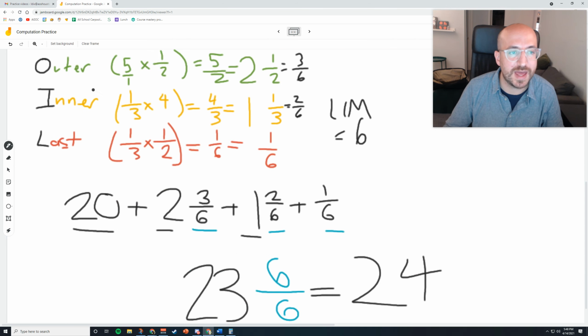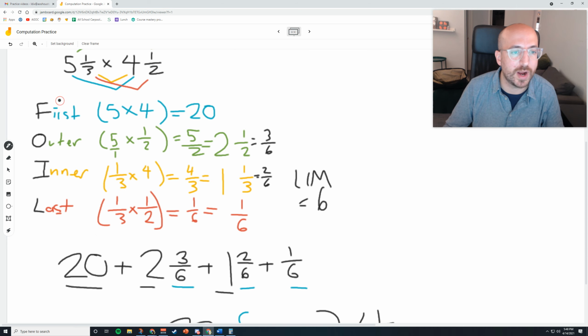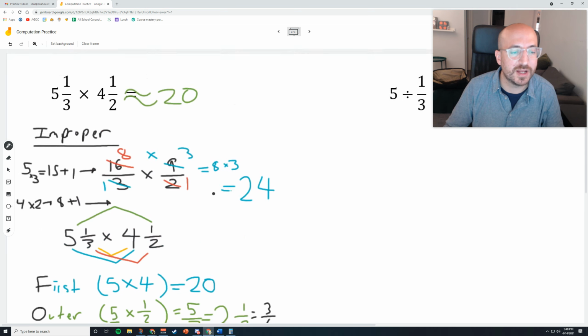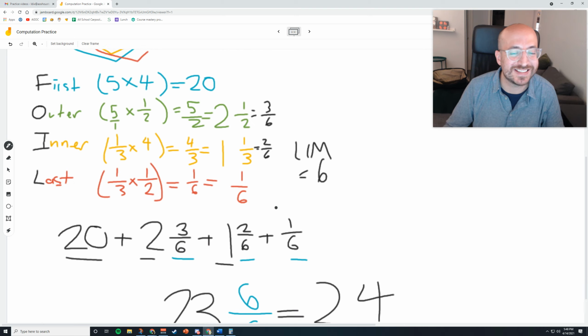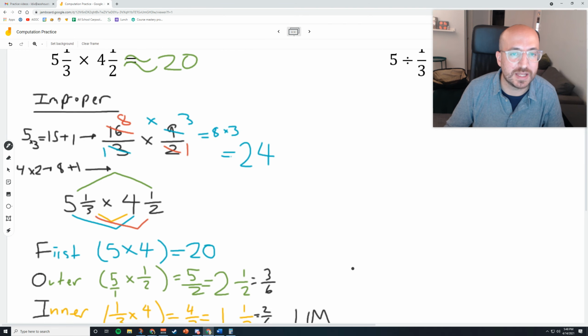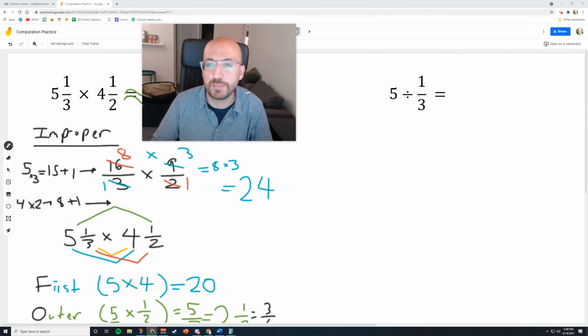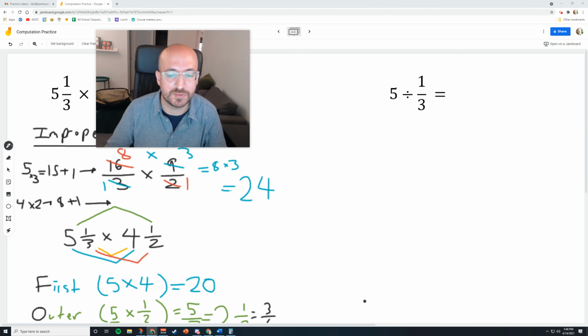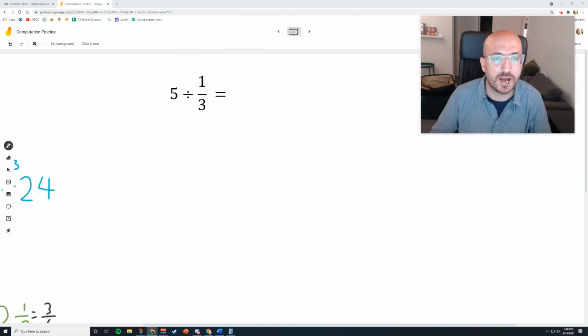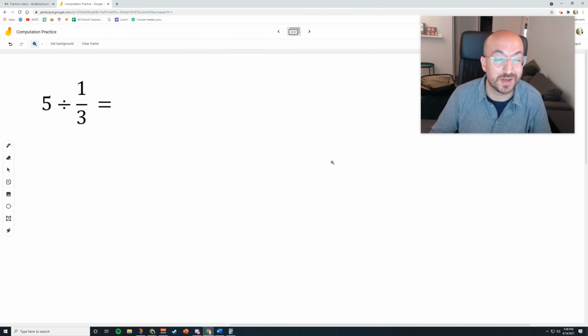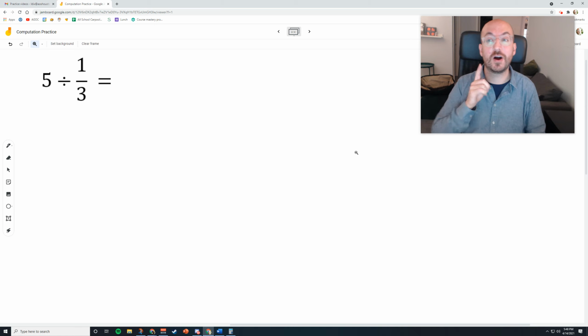Beautiful. So that is how you FOIL it. You are not required to know how to FOIL it, but it helps you see the pieces that come together to make it here, just like our estimate. Doing improper fractions is fast, but you don't understand the math as much, I would say. So I would love for you to be able to do both, but at least be able to do the improper one on your own.